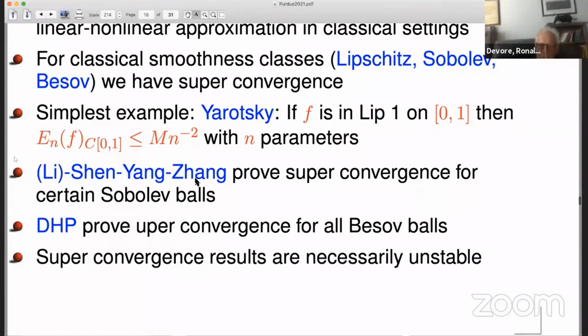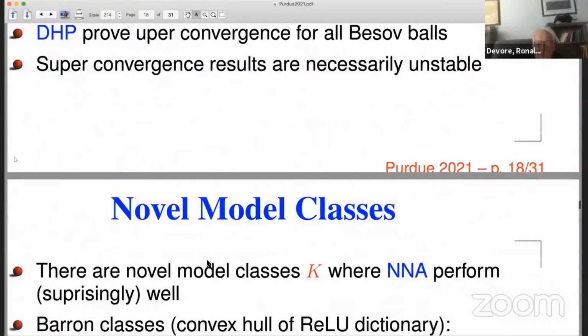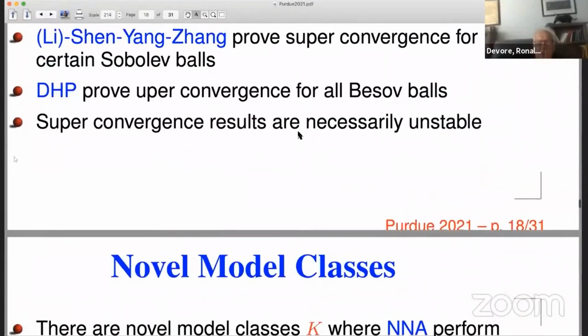I think Huawei will talk about super convergence for Sobolev balls and the like, but we'll see how his talk unfolds. My point is that these super convergence results are very interesting mathematically, but they have to be unstable. In fact, there are theorems that tell you they're necessarily unstable mappings.